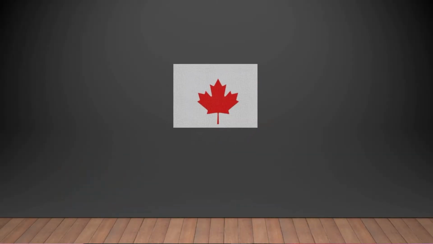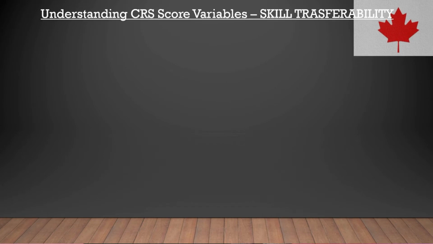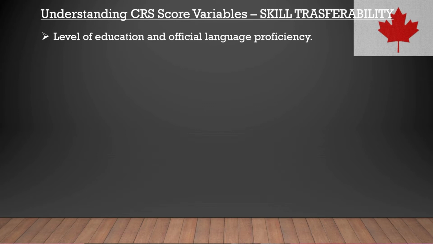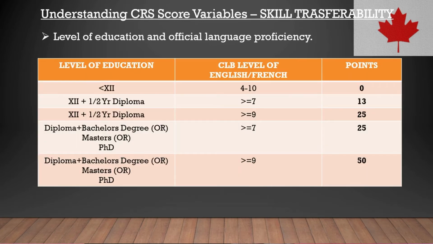Okay, now moving on to skill transferability factors, which is the third point of consideration for scores under the CRS system. So there are 5 combinations. Let's look at it. A CLB level of English or French between 4 to 10, but you are not even at 12th standard, you don't get any points.